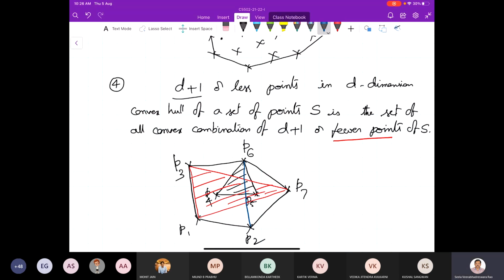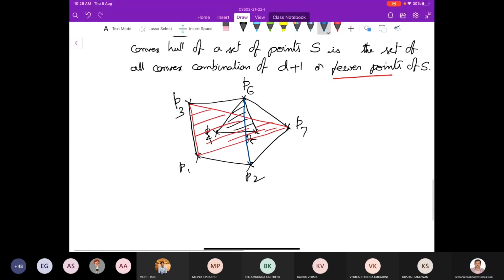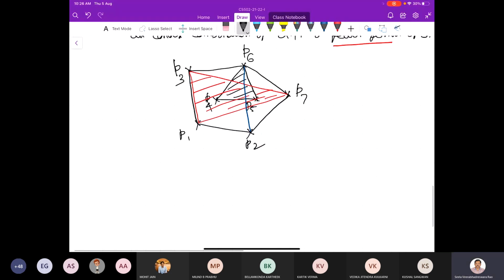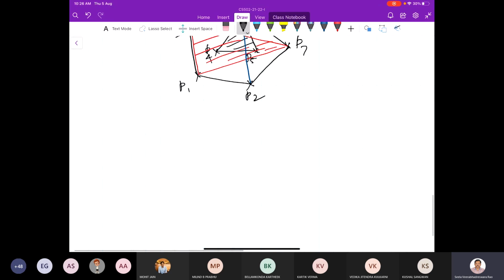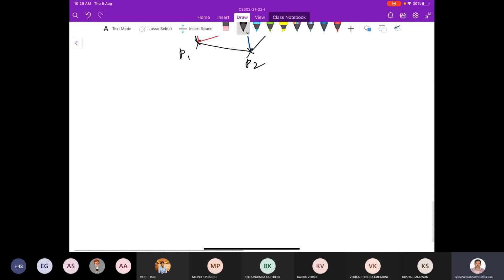Another definition here, we are trying to give a different definition so that we will get some properties of this convex hull which we can use in the algorithmic sense, so that we can compute it. We'll get a better understanding of this convex hull.